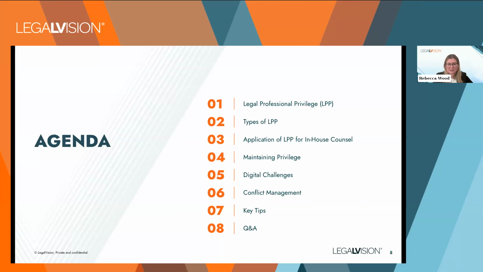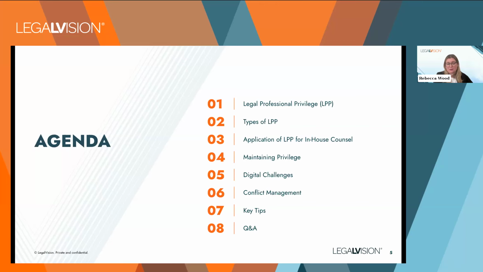While you're addressing that, I'm just going to talk about what we're covering today in the webinar. So firstly, giving an overview of legal professional privilege and the types of legal professional privilege that you should be aware of, how these types of professional privilege apply for in-house counsel, some practical strategies on how you can make sure that you're maintaining privilege, and then also covering some of the challenges that we can face in making sure that privilege is protected in the digital environment that we work in.